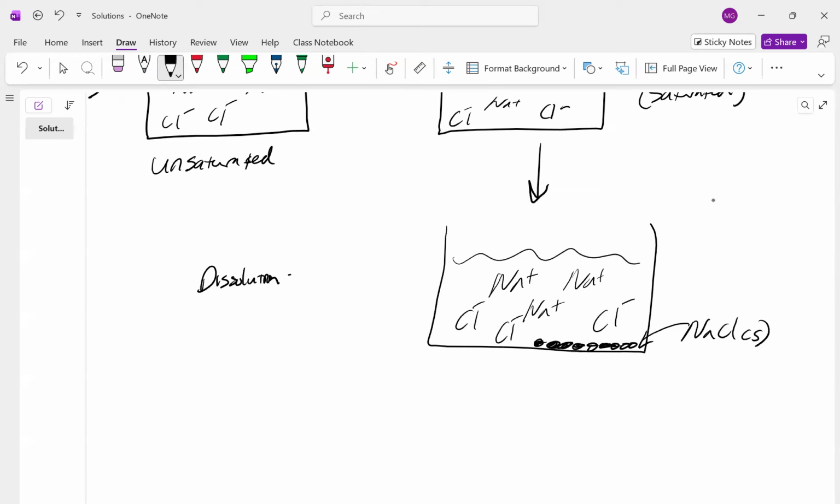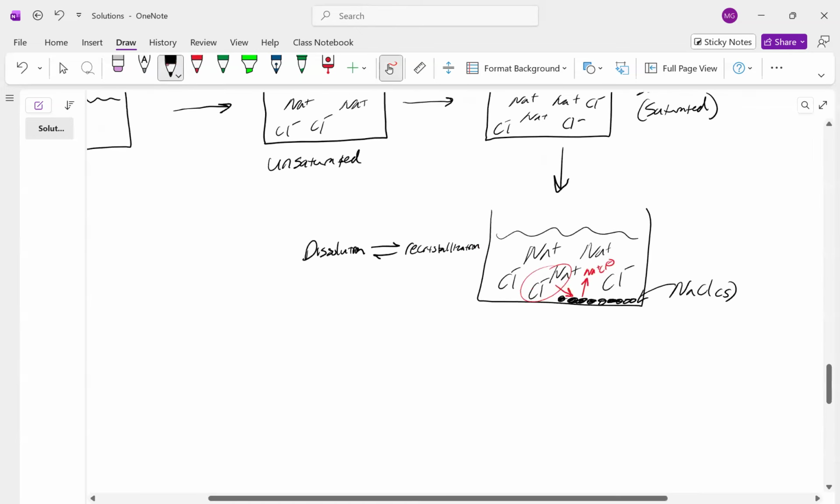But in reality, there's an equilibrium between dissolution and recrystallization, meaning as fast as stuff is dissolving, those ions are recrystallizing. So some of this stuff down here might dissolve into solution, but then some of these might go back into the solid. We can't see this with our eyes, but it's this constant equilibrium process.